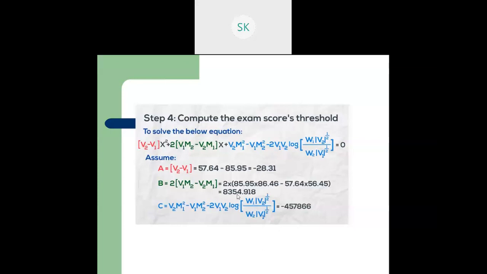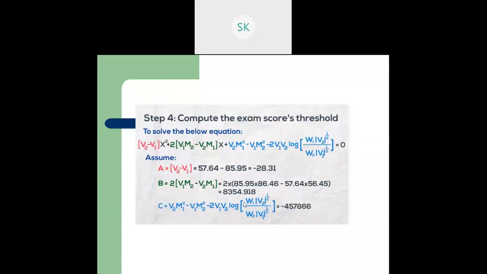This will come to 83.54. For C, that is our V2 M1 square minus V1 M2 square, that is this blue part, log of this particular term. This blue part is termed as C, and that result comes to minus 45.7866.